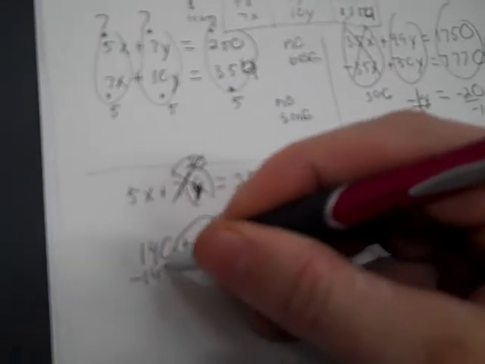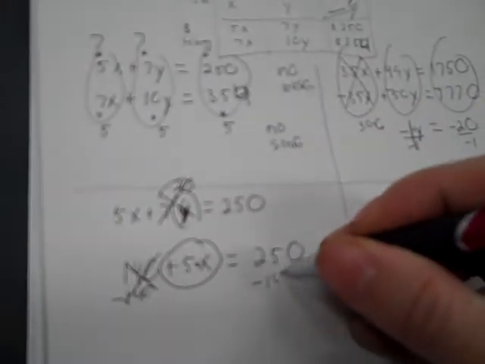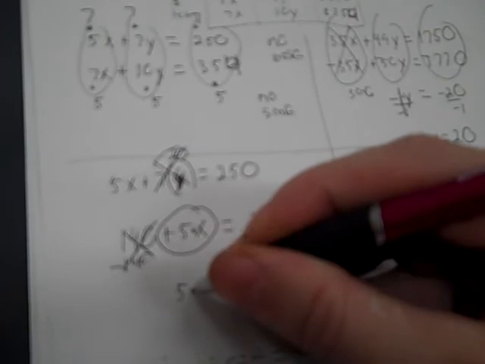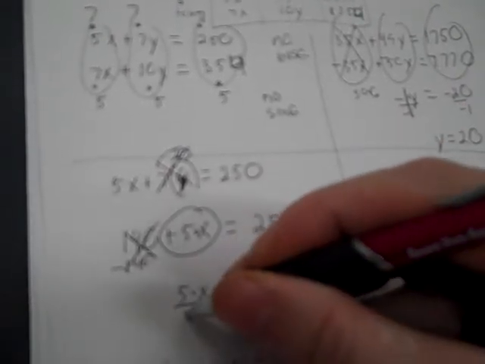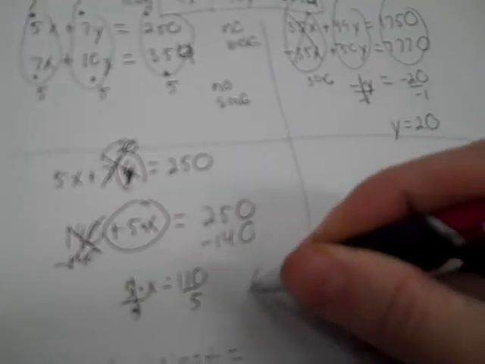Dot your 5, circle it, and subtract your 140. So 5 dot x equals 110, and then divide by 5. And 110 divided by 5 is 22.